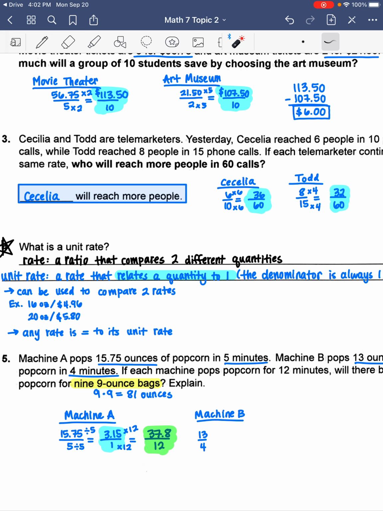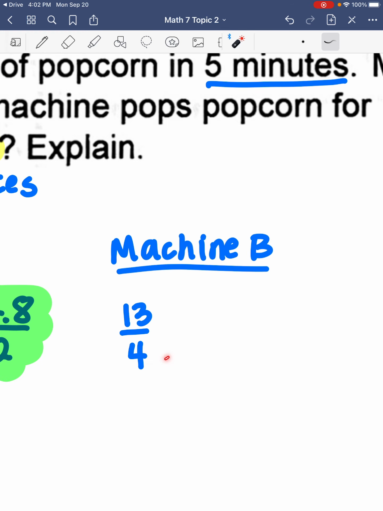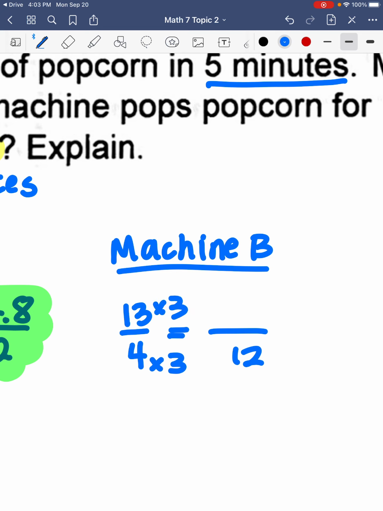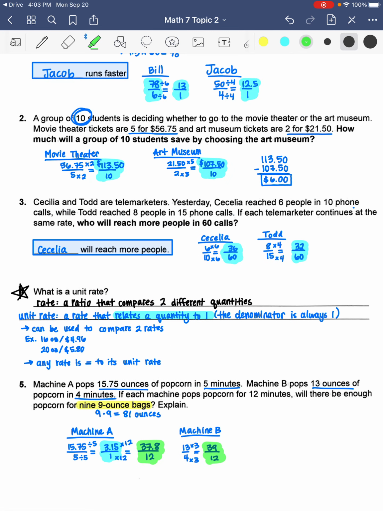Can I go straight to 12? Yes, I can. I know that I can multiply 4 times 3 to get to 12. So I'm just going to bypass the unit rate because we don't need to know which machine pops more per minute. So we're going to bypass the unit rate and go straight to 12 minutes. Like we said, we're multiplying times 3 on the bottom, so we'll do the same on the top. And 13 times 3, if you put that in your calculator, you're going to get 39. So machine B pops 39 ounces of popcorn in 12 minutes.